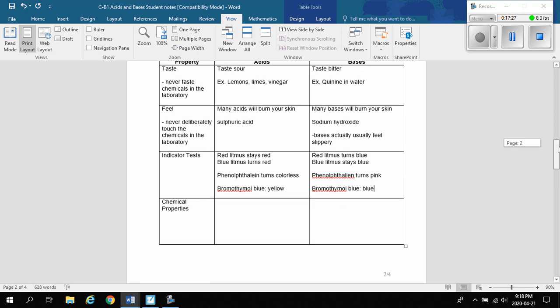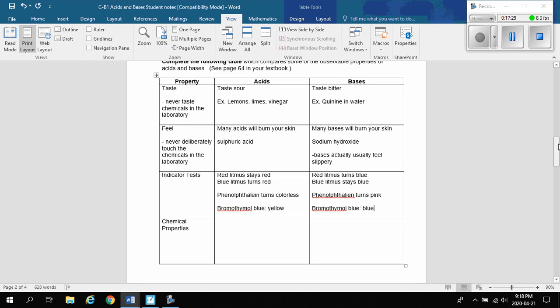Chemical properties. Sorry. Hopefully you've paused the video if I'm typing too fast. It's a little bit easier and clearer to read than when I try to write with this tablet for bigger writing sections. Chemical properties. Acids tend to corrode metals, usually producing hydrogen gas.